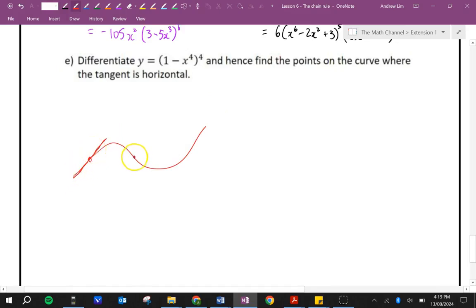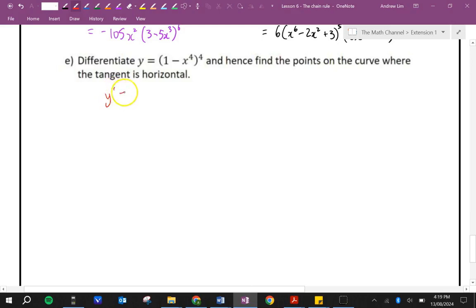If I were to draw it here, not horizontal. The only times it's horizontal is at the turning points, where the gradient is 0. And remember, when we differentiate, we get the gradient function. So we want to make the gradient function equal to 0.